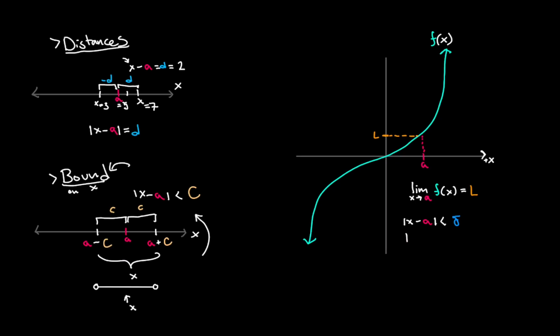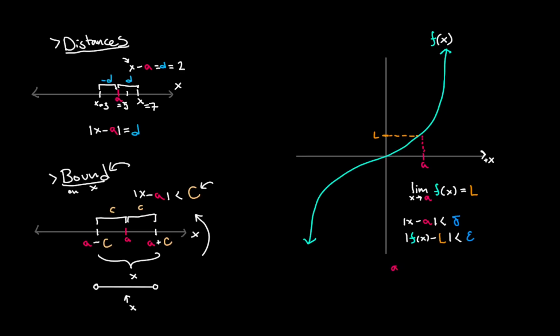And then f of x minus L is less than epsilon, right? So you can see how this is very similar to the C we had before, the bound C, or the distance from A.